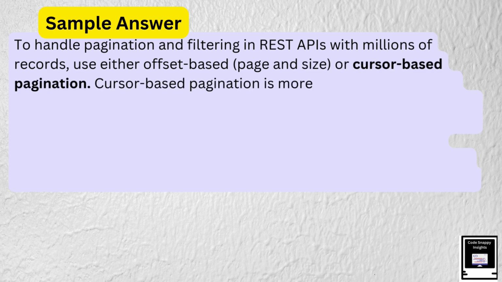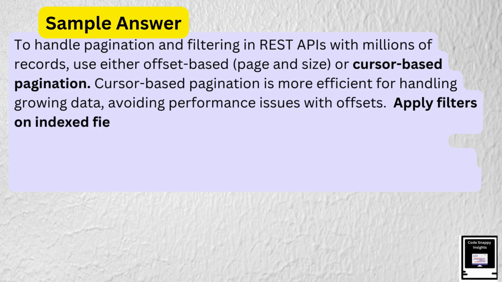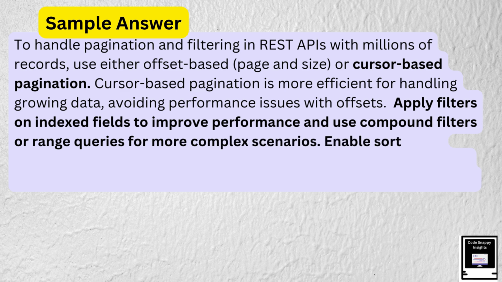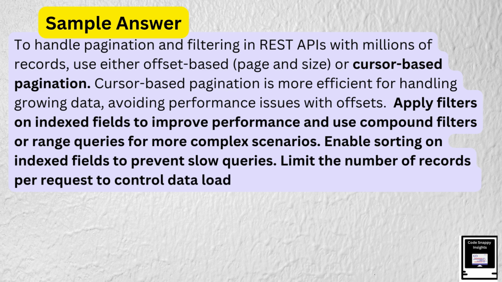Cursor-based pagination is more efficient for handling growing data, avoiding performance issues with offset. Apply filters on indexed fields to improve performance, and use compound filters or range queries for more complex scenarios. Enable sorting on indexed fields to prevent slow queries. Limit the number of records per request to control data load and avoid server or client overload.